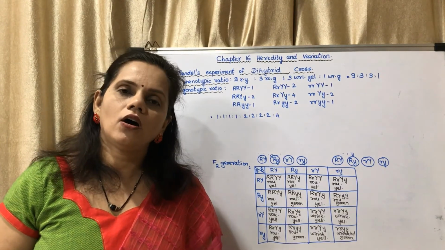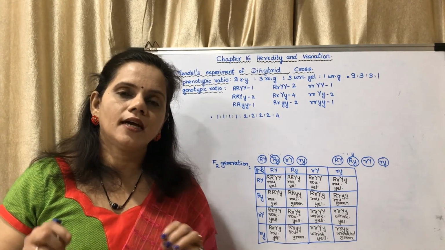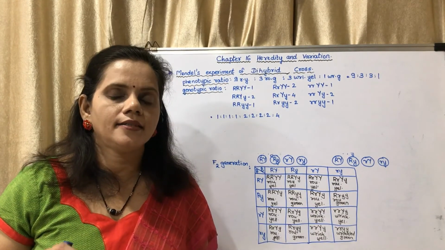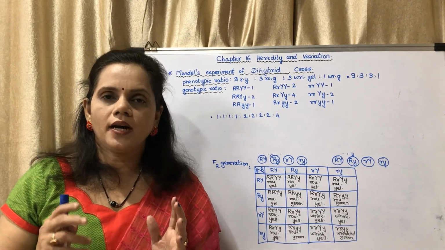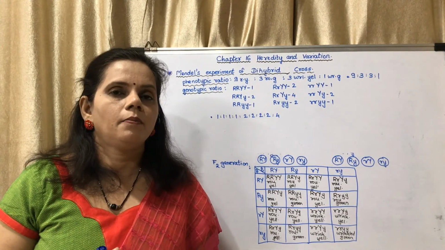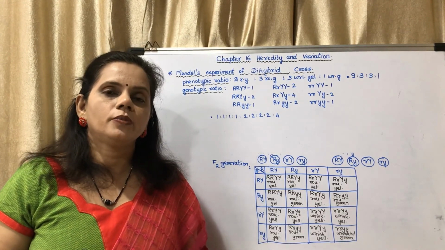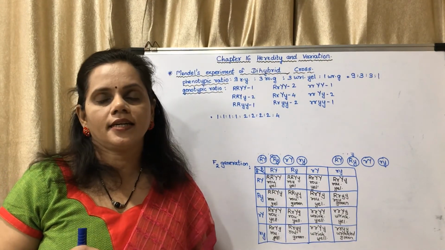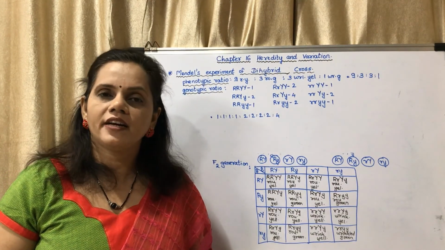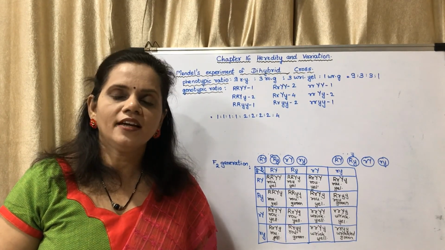That is why all the plants were round yellow, because though all those plants had a single gene of round and yellow. This part is difficult to understand, but if you understand, it is very, very interesting. You may go through the textbook, go through the lecture several times and study it thoroughly. This is a 5-mark question for your final paper. Okay, thank you.